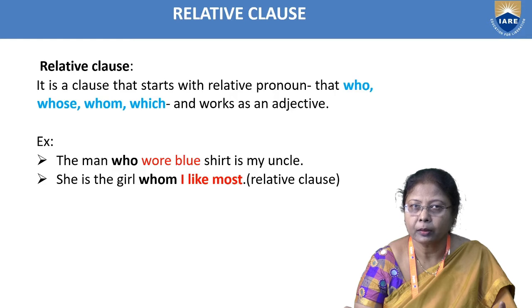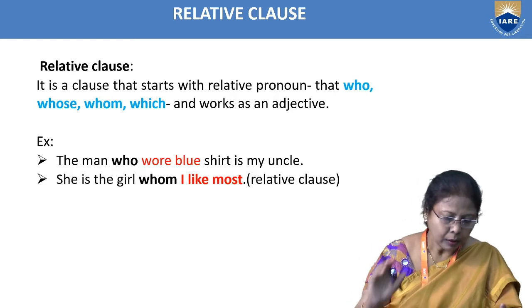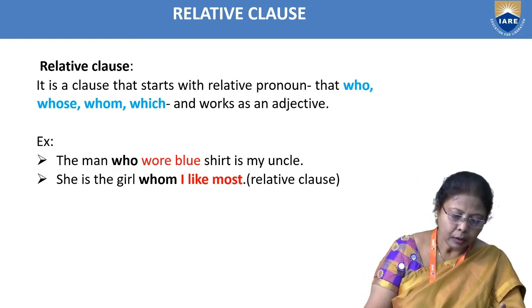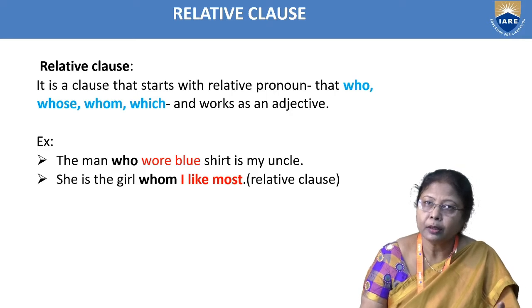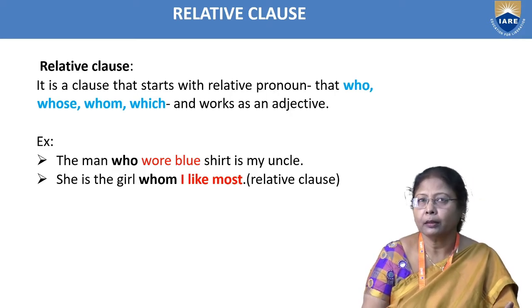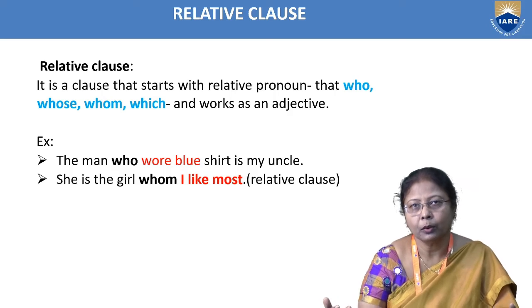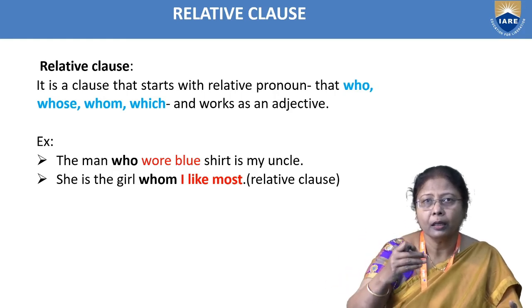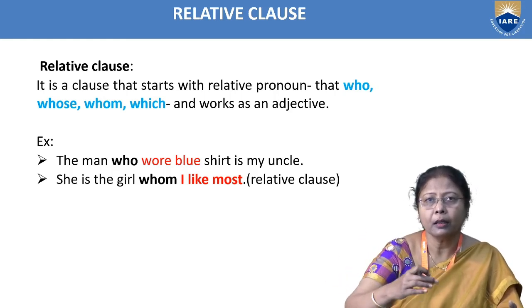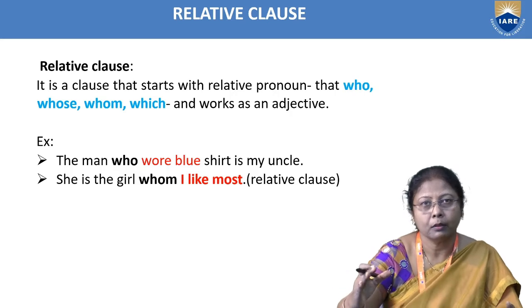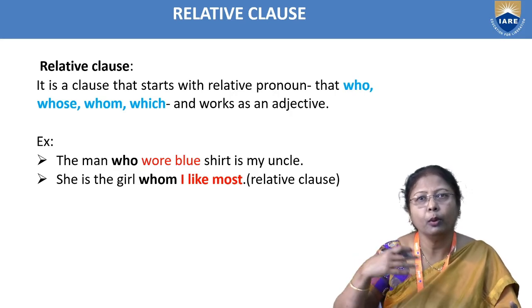Here is a sentence I have given: the man who wore blue shirt is my uncle. Who is my uncle? He is a man who wore, specifically, a specific person, blue shirt.